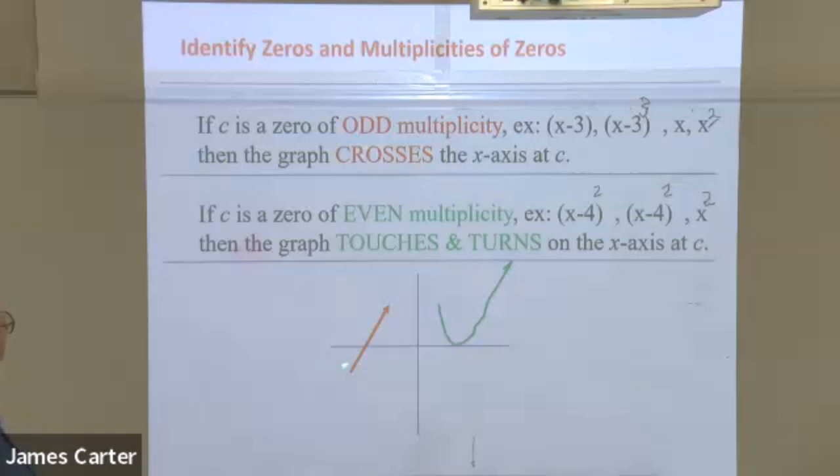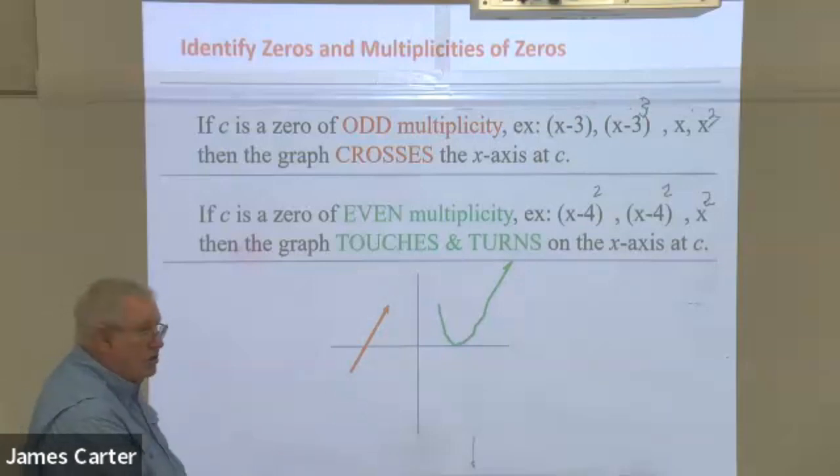Okay, we got the red and we got the green. What are we going to do here? With this, that's a first power, so that's an odd multiplicity. It's going to cross. 3, that's an odd multiplicity.